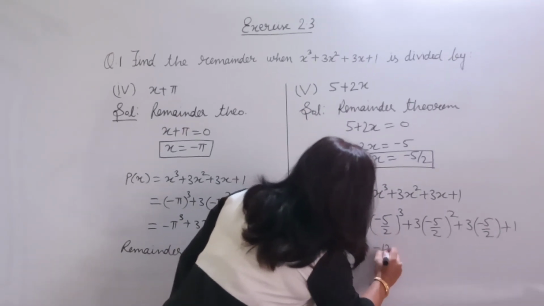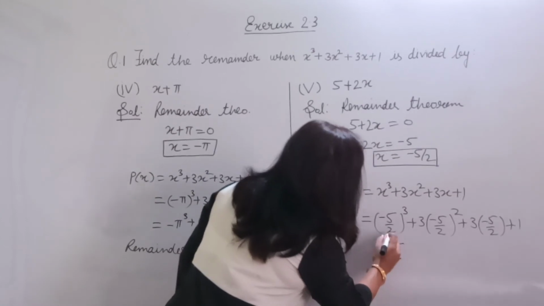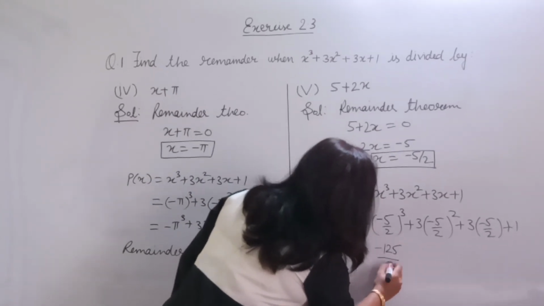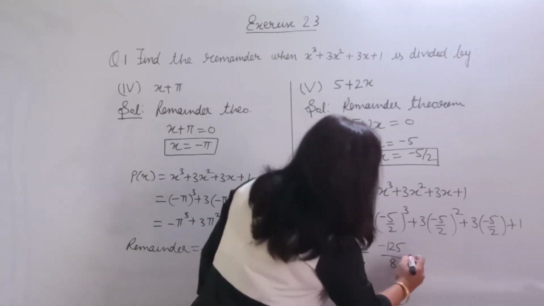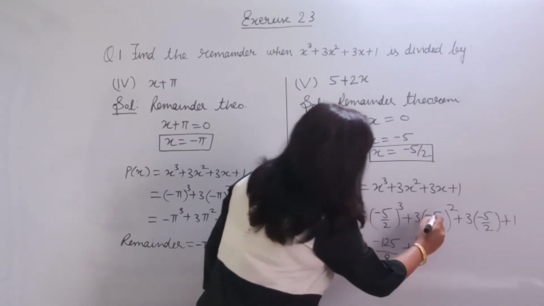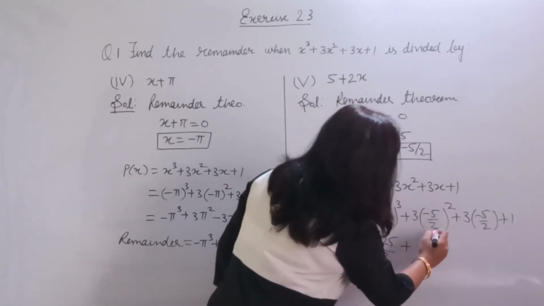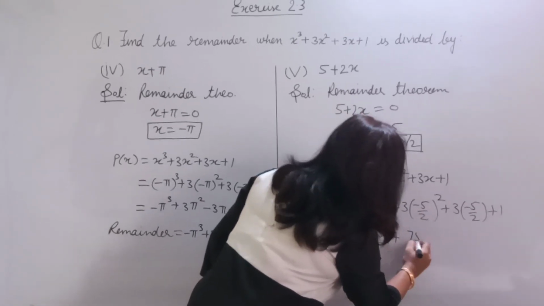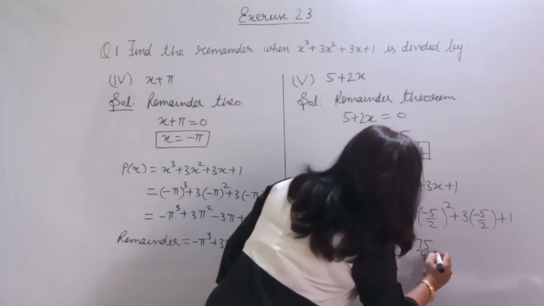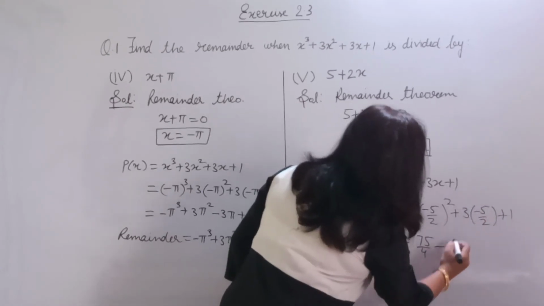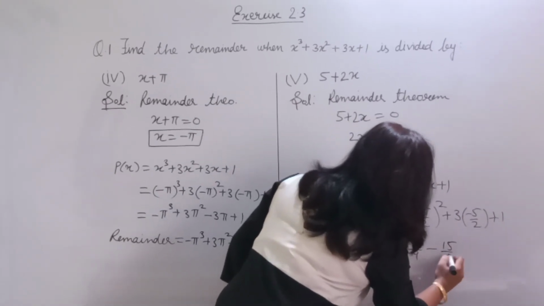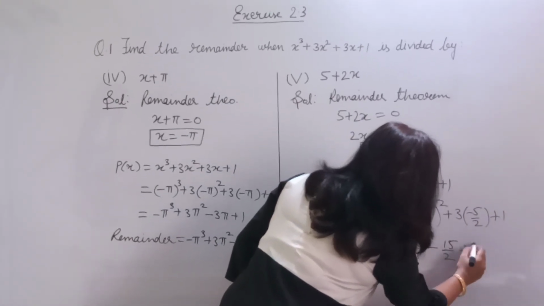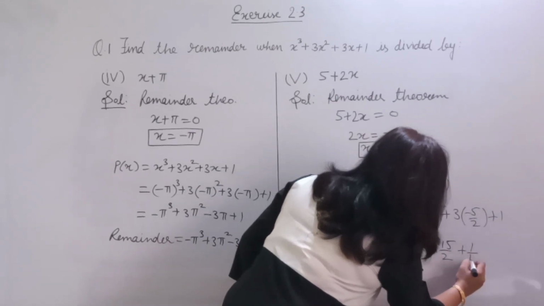So minus 125 upon 8 will come (2 twos are 4, 4 twos are 8), plus 5 fives are 25 upon 4. That means 25 into 3, 75 upon 4, minus 5 threes are 15 upon 2, plus 1. Here we can write 1 also.